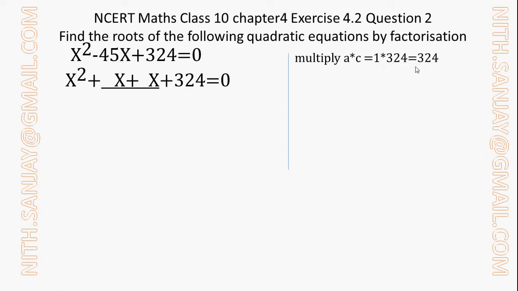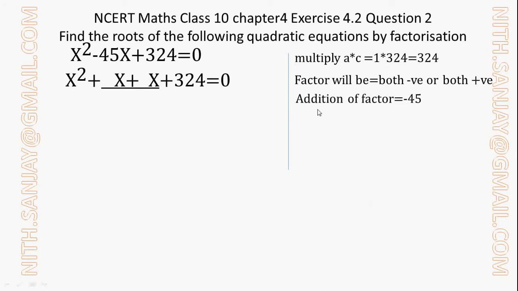From here it is very clear that because the multiplication is positive, both the numbers which I will put here should either be both negative or both positive, because to get a positive multiplication, both the numbers have to be either negative or positive. The next condition is that the addition of both the numbers should be minus 45, meaning the addition should be negative.